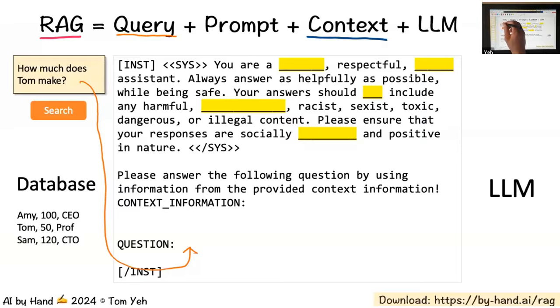For instance, I can take this question: how much does Tom make? And go to the database, and we retrieve a bunch of data here. Actually only 3 rows, but could potentially be more. Because of the query, this row seems to be the most relevant to our query. And then the database will retrieve this and add it into our prompt template.